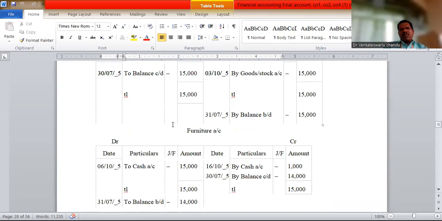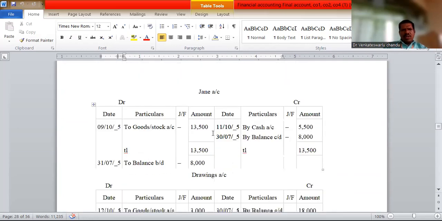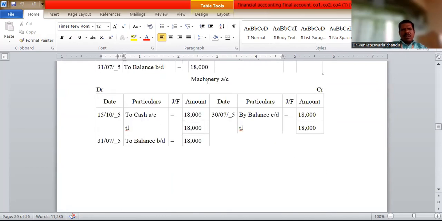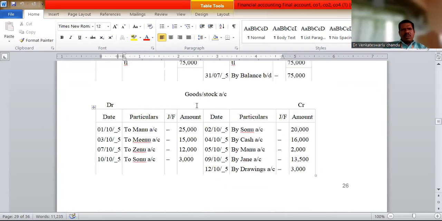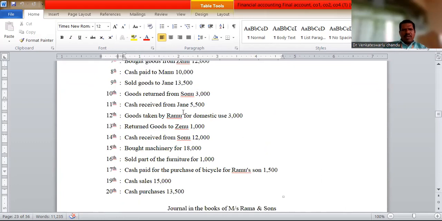Each and every account involved, we have to open: furniture account, Geno account, Jani account, drawings account, machinery account. Whatever transaction is written in the journal entries, we post simultaneously to the ledger account. Whichever is on the debit side, we post on the debit side; whichever is on the credit side, we post on the credit side of the particular ledger account.